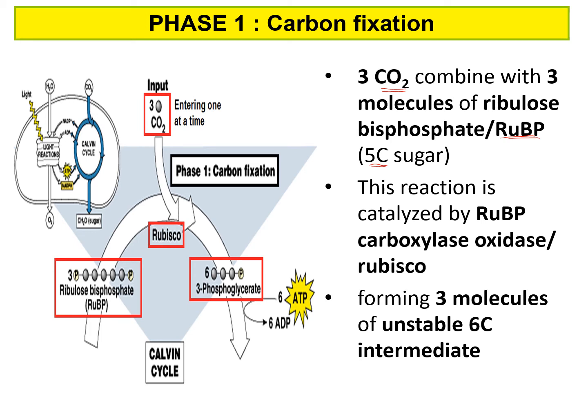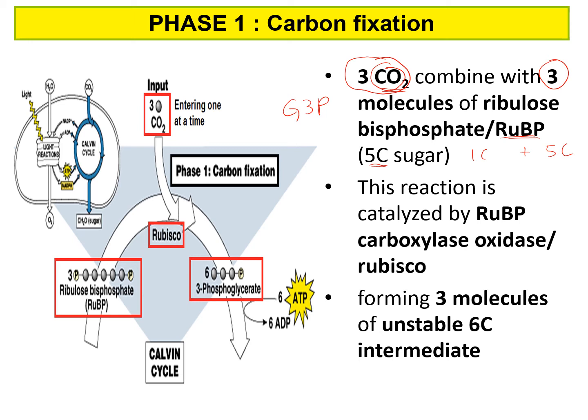Each one carbon dioxide will combine with one RuBP. So if we want to produce G3P, we need to use 3 carbon dioxide, so they will bind with 3 molecules of RuBP. Each one carbon dioxide binds to one RuBP, a 5-carbon sugar.